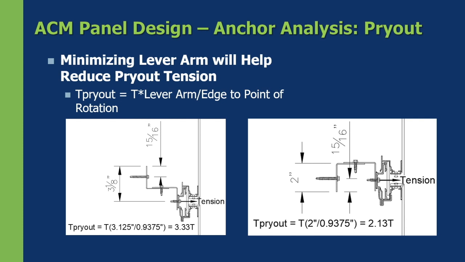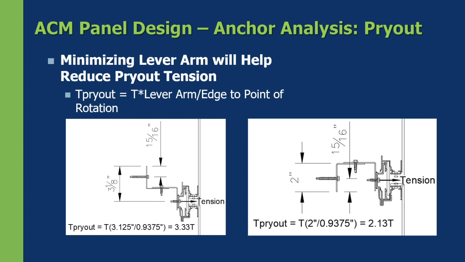So in the two examples seen below, you have a built-up Z-girt and a channel. And you can see that the point of rotation from where the tension is applied is different for both. But the location of the screw from the point of rotation is the same, that 15/16.